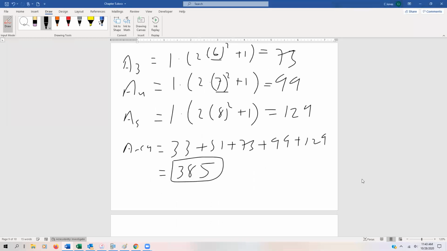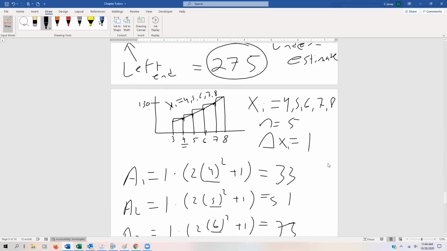This is the area from the right endpoint. Remember, the right endpoint provided an overestimate. We can clearly see that from the graph. Notice right here, there's some overestimate, here, here, here, here, and here, so we get a little more than expected.